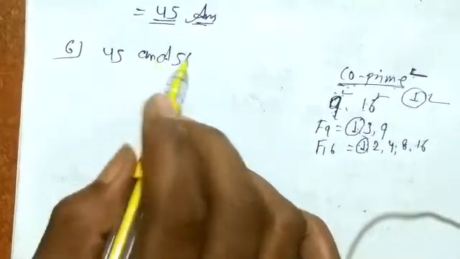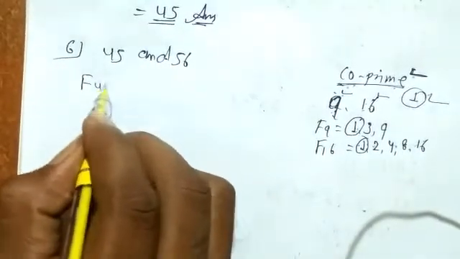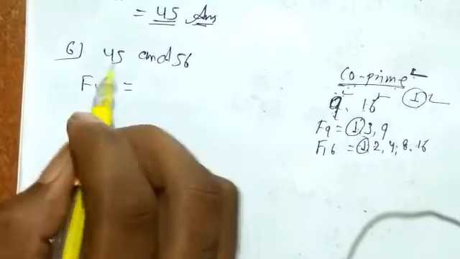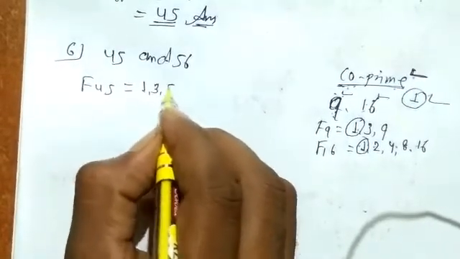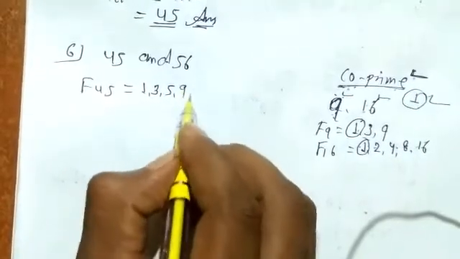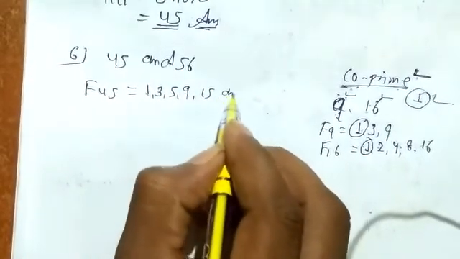To show this, first of all we have to find the factors of these numbers. So the factors of 45 are 1, 3, 5, 9, 15 and 45.